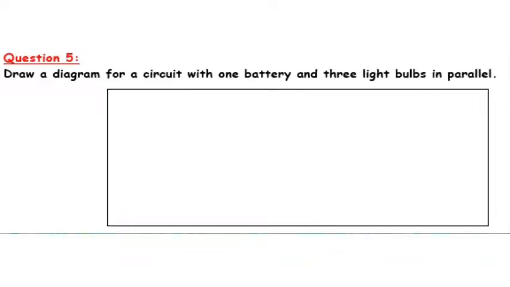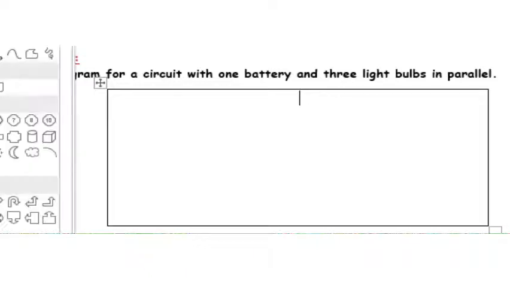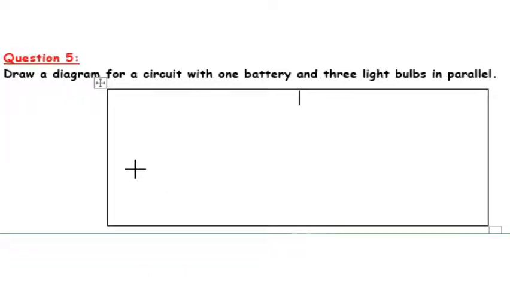What we have to do in question number 5 is to draw a diagram for a circuit with one battery and 3 light bulbs in parallel. That means that the electrons have 3 pathways to go through in the circuit. I will start drawing the battery and the 3 light bulbs, then I will connect them together. This is the battery.